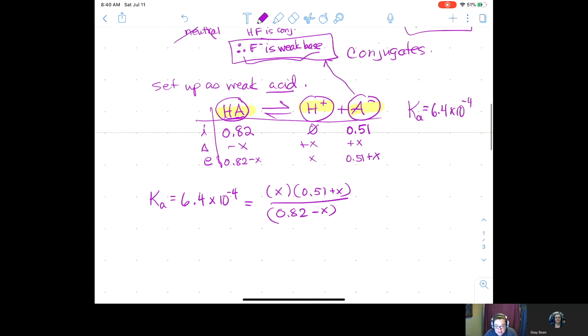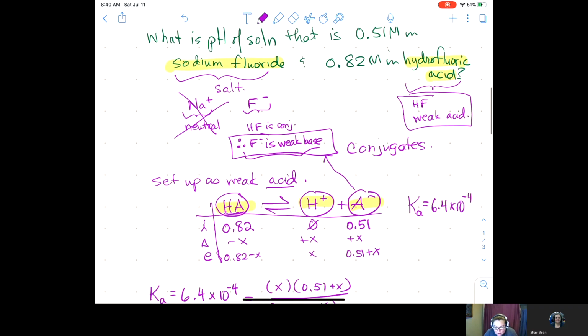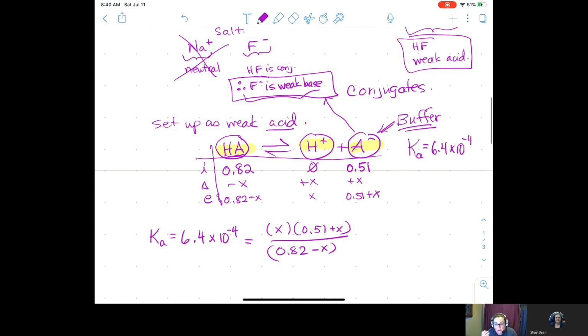Turns out in one of these problems where we have conjugates, and I don't think I said this before, when you have a conjugate pair in an equation, that's what we call a buffer problem. If you have both a weak acid and its conjugate base, or a weak base and its conjugate acid in the same beaker, that's a buffer. And so this is a buffer problem.